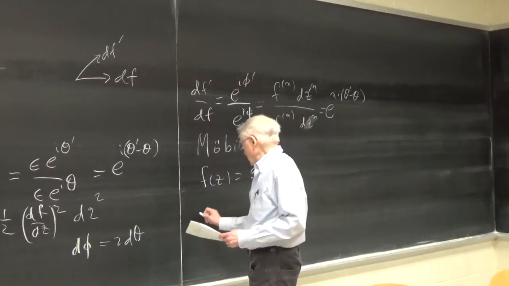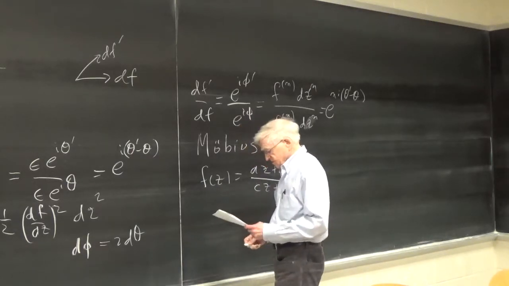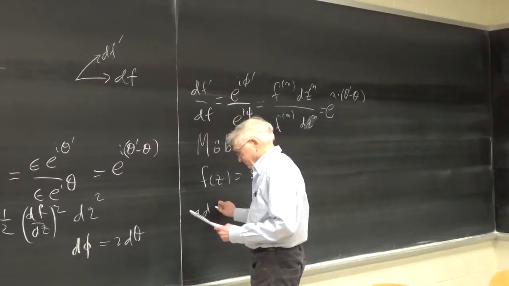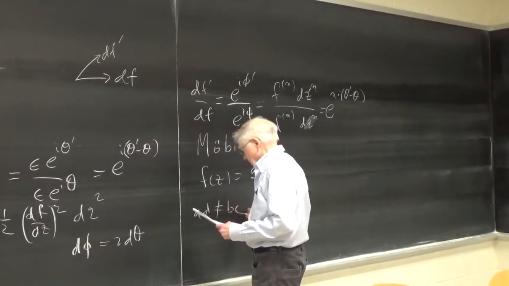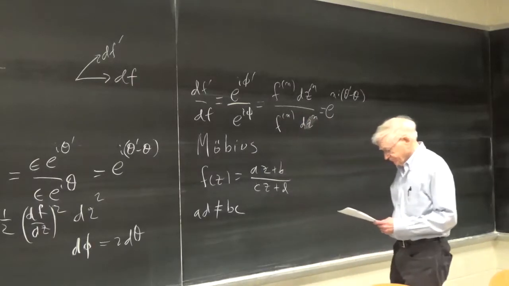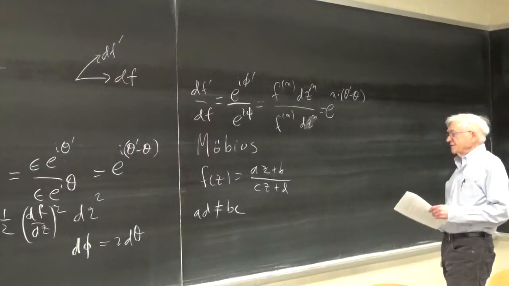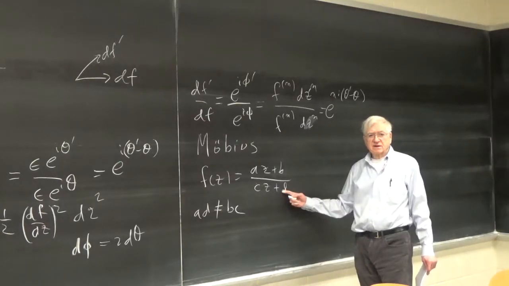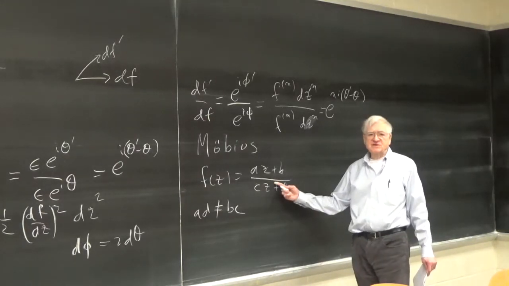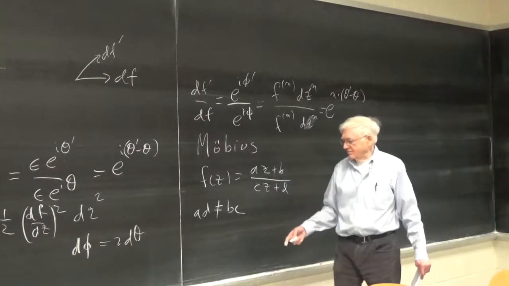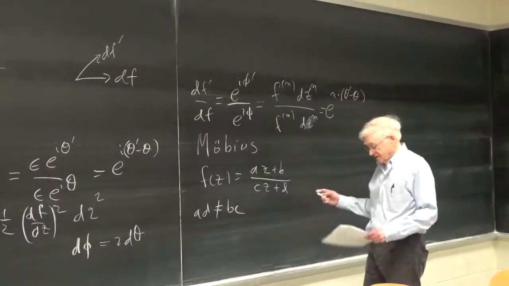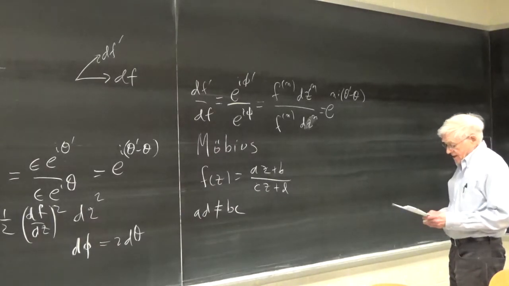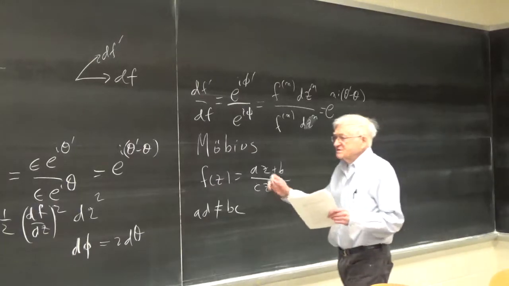The Möbius function just says that the determinant shouldn't be 0, so AD is not equal to BC. And when AD is equal to BC, this is just a constant. So I guess this can be the general Möbius function, but if AD is BC, then it's just a constant function.